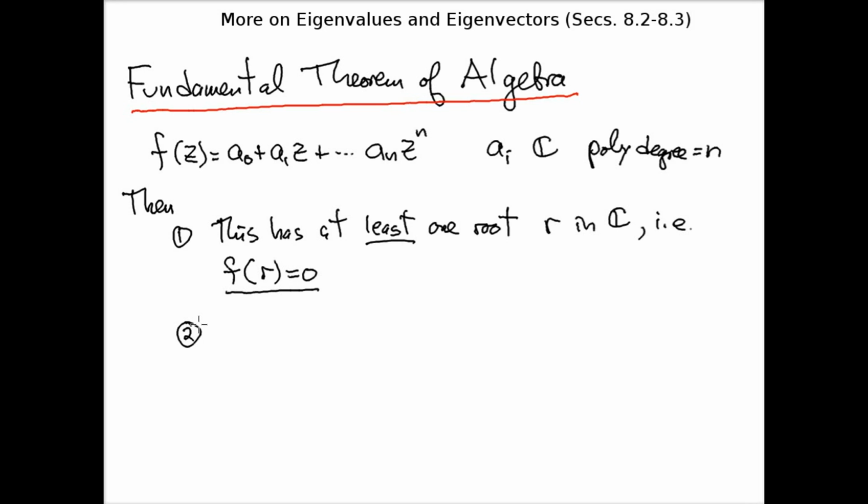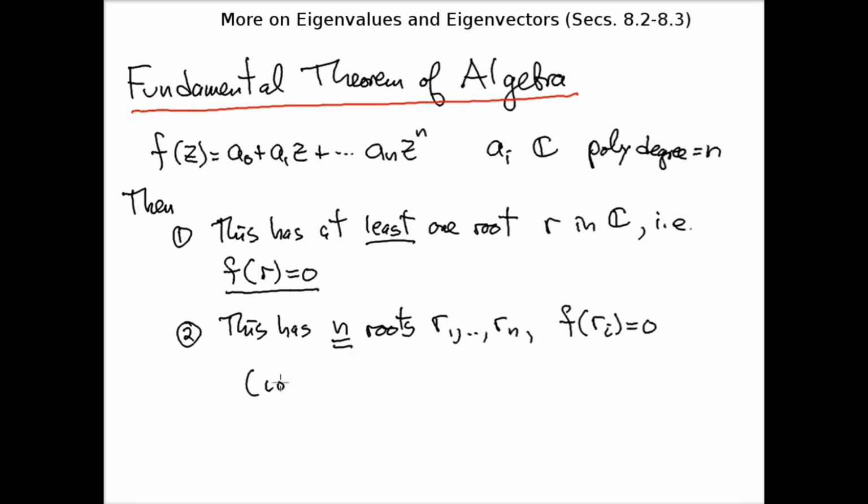And another way to say the same thing is that this has n roots, r1 up to rn, which satisfy f of ri is equal to 0. In order to make sense of that, the n is counted with multiplicity. So it could have n distinct roots, or it could have one root counted n times, or anything in between. For us, the main thing is this right here. It has at least one root.